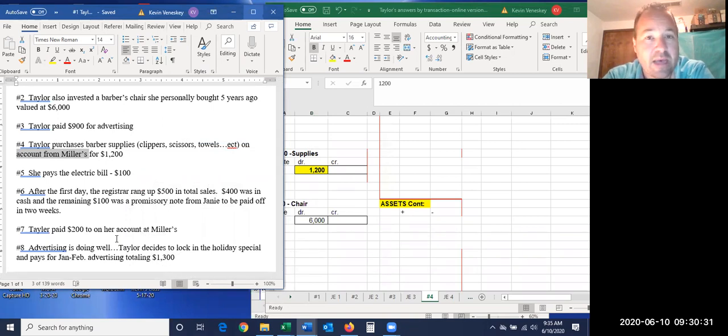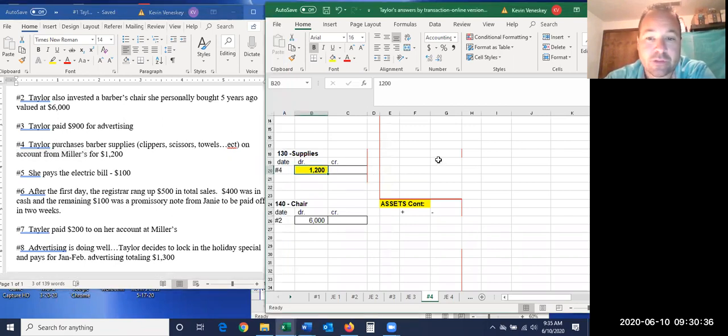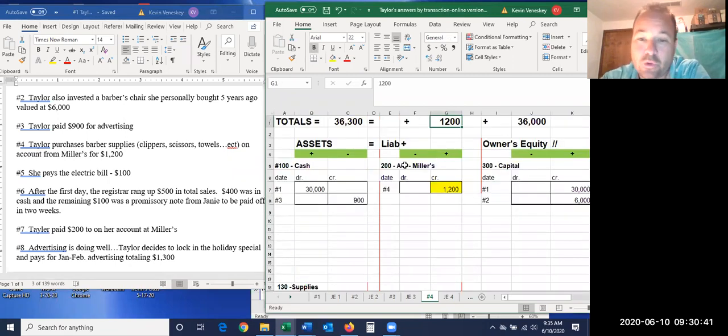They'll accumulate a tab on me. And right now, I owe them $1,200. So I don't want to just go to my cash. I want to come up here to my liabilities to show that I owe money. And then I'm going to take out company 1 and put in Miller, because that's the company that I owe. So what did I get? I got supplies, that's my debit. And credit, how did I get it? I got it because I owe Miller a positive $1,200.